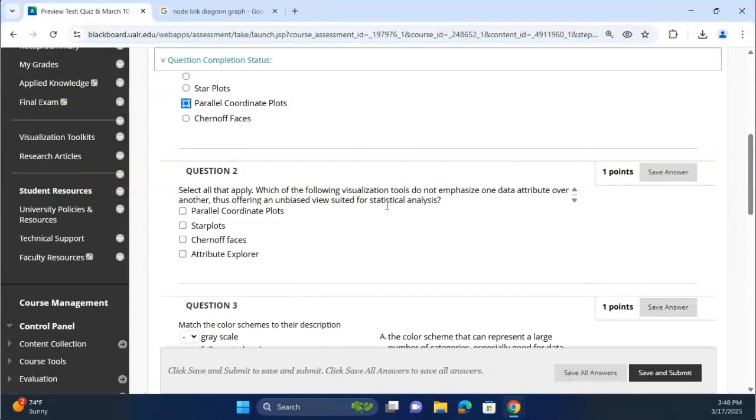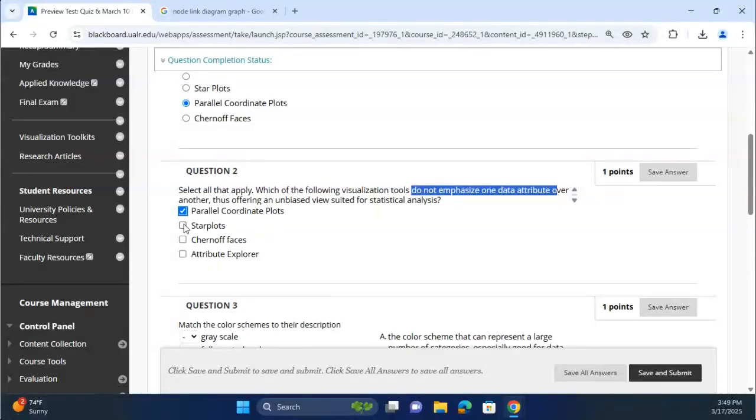You don't want to focus more on salary than on age when you do statistical analysis. Some visualization tools are more neutral, or not biased. Others emphasize a certain attribute over others. So the question asked is, which do not emphasize one data attribute over another?